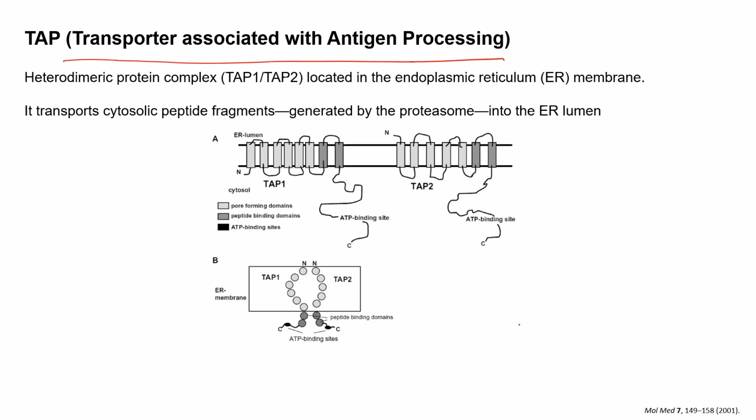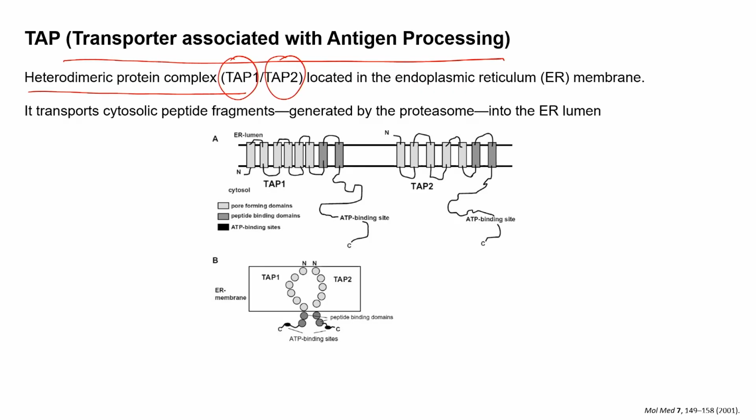These are transporters, and again these are heterodimeric proteins. What we mean by heterodimeric protein is there are two distinct types of proteins, two different varieties of amino acid chains. One is called TAP1, the other is called TAP2, and therefore, when there is an assembly of TAP1 and TAP2, we can call it a heterodimer.